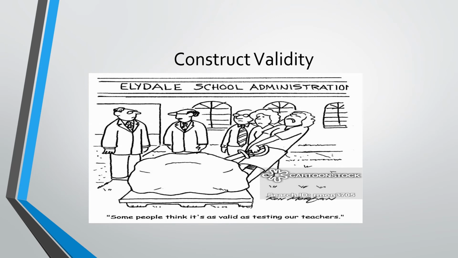The six types of construct validity are then split into two categories: translation validity and criterion-related validity.